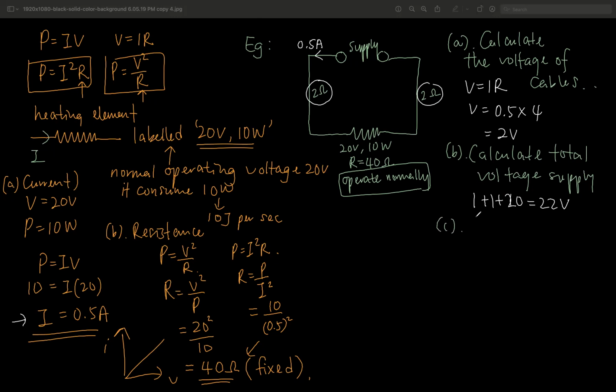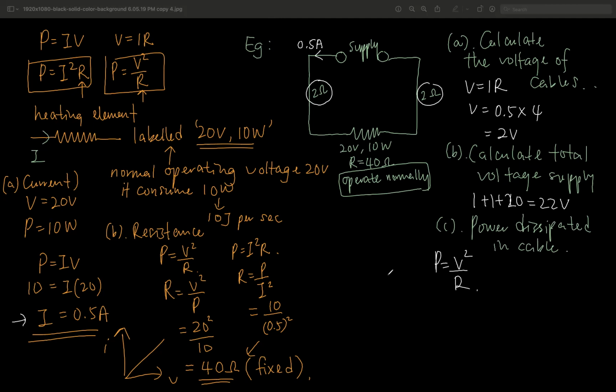C, calculate the power dissipated in the cable. We know the resistance. For power dissipated you can do P equals V squared over R. Any one of the formulas you can use because you already have the current as well.